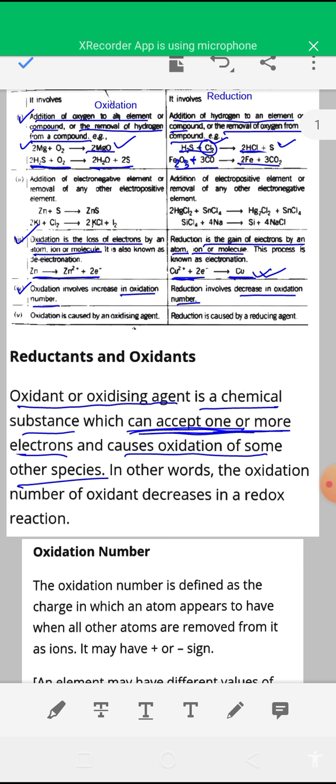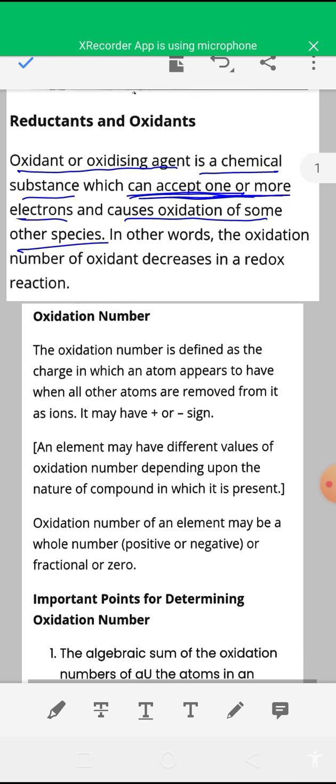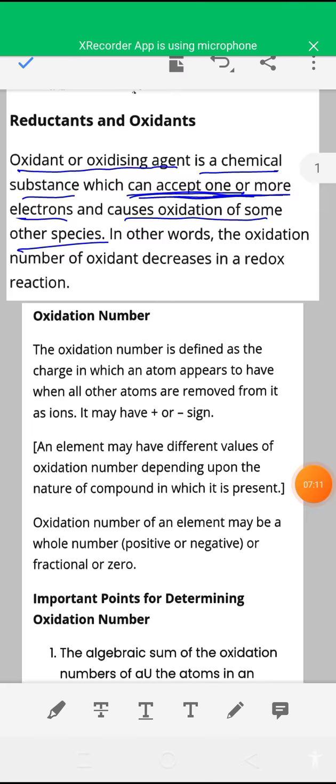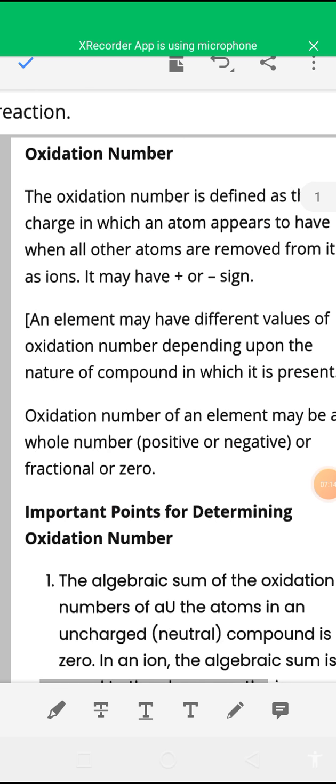Okay. Now see, oxidation number. What is an oxidation number? Oxidation number is the charge on an atom in a molecule.